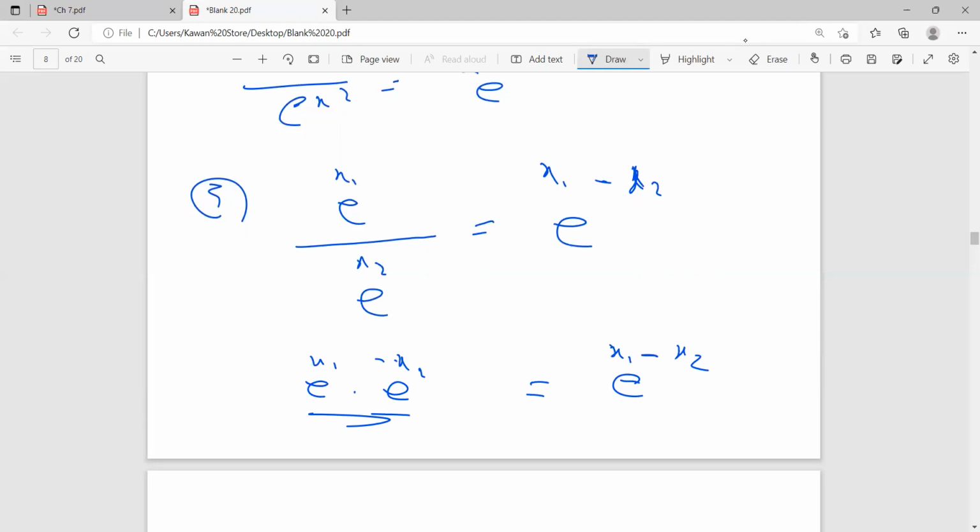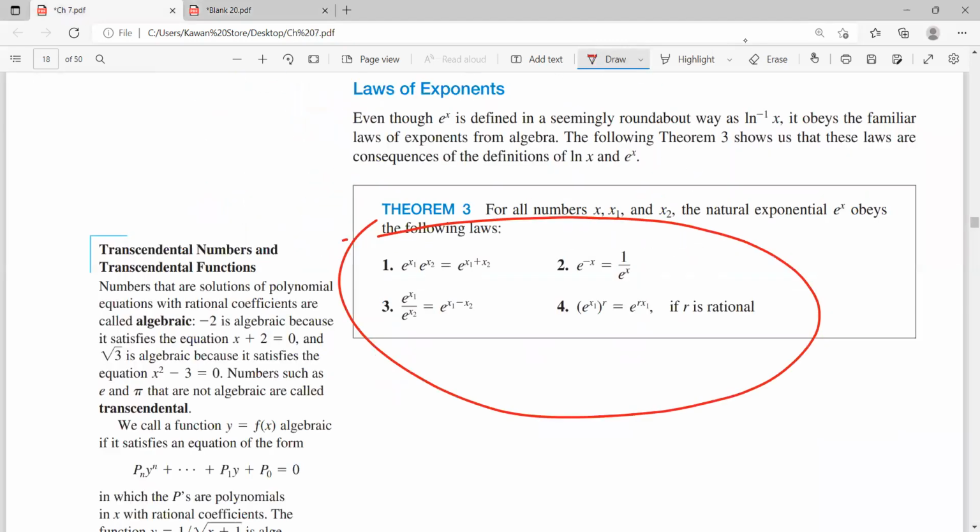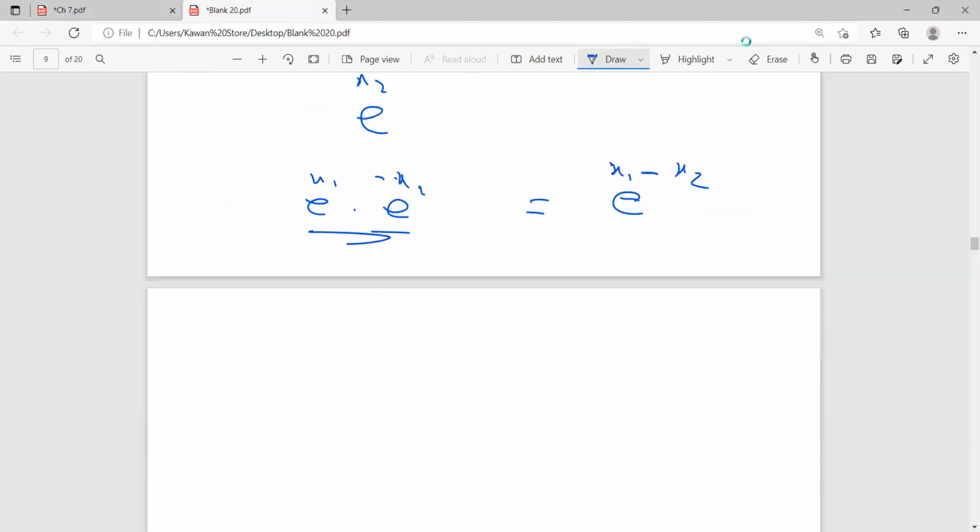Easy, right? And we have what else? The other property, the exponential property, the multiplication of exponents. So we have e to power nm, you write m or r or x, and you will get e to power nm. What do you mean by that?